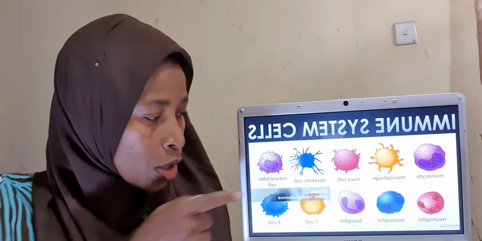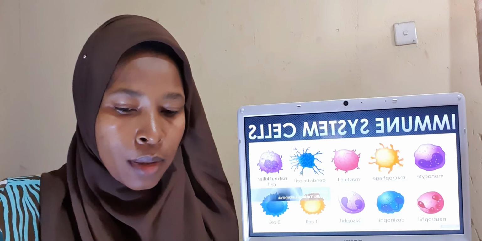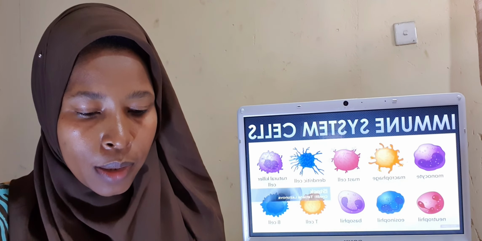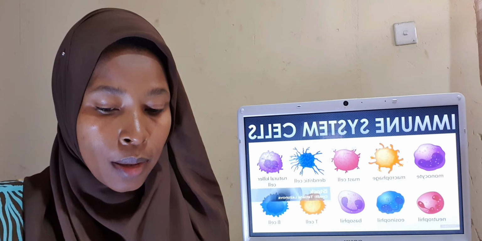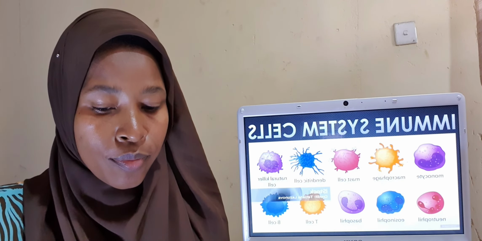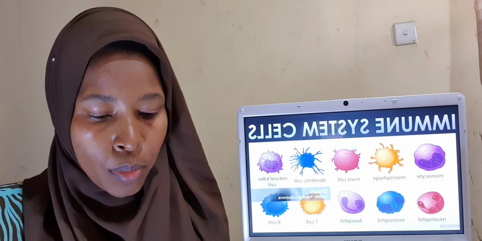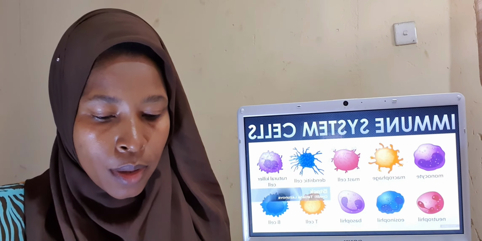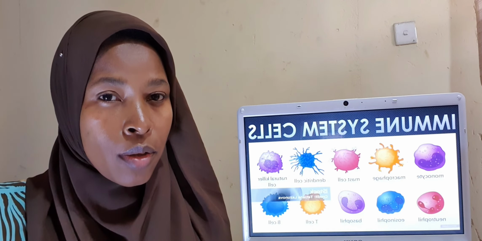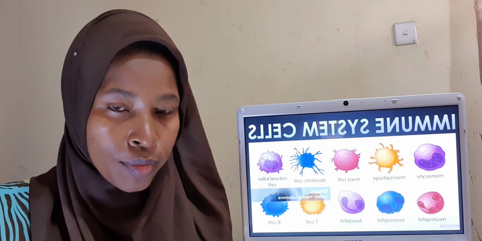The lymphocytes, which can be the B and T cells. The B cells make antibodies and memory cells, while the T cells are involved in cell-mediated immunity. Monocytes differentiate into macrophages and dendritic cells. The macrophages remove pathogens and dead neutrophils through the phagocytosis process.